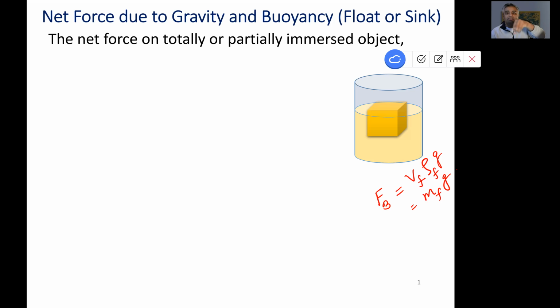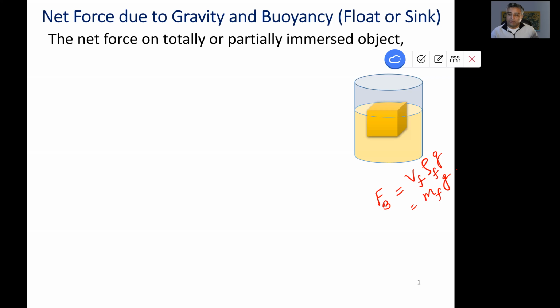So now what happens when we put something in water? It sinks. Sometimes it does not. Some other objects may not sink. Even a tiny needle, when you drop it in the water, goes all the way down. A tiny coin, let's say a quarter or even a cent, when you drop that penny in the water, it goes all the way down and settles at the bottom.